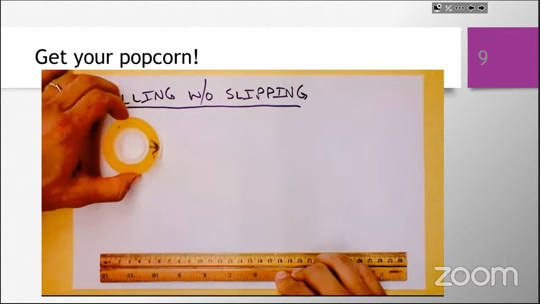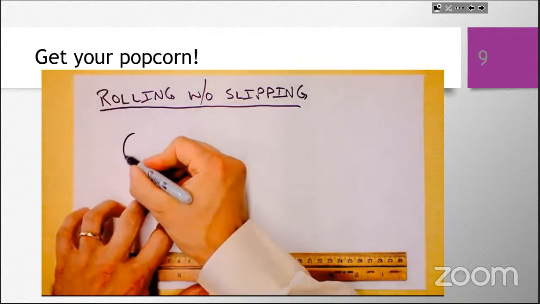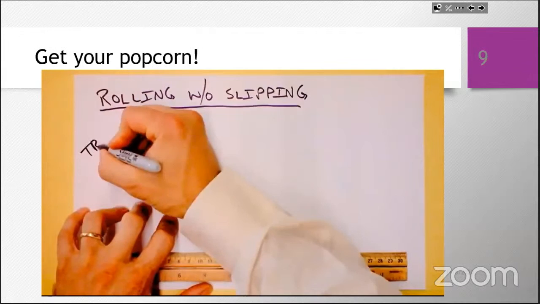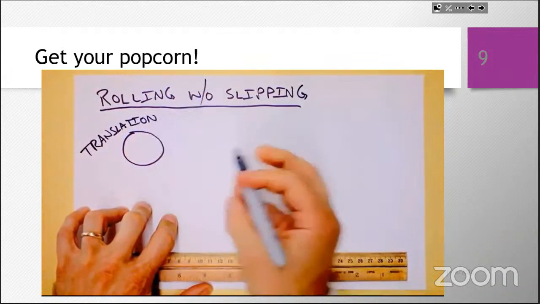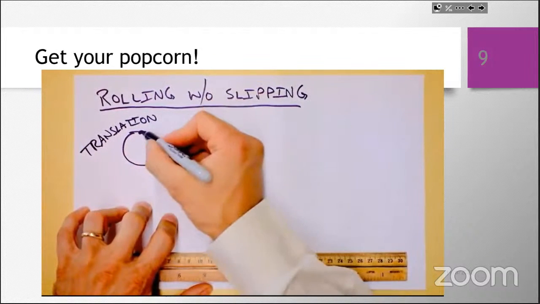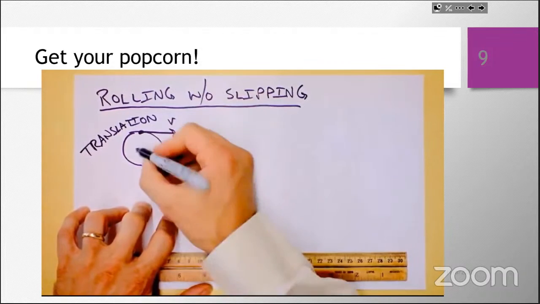I could draw both of those and draw you some velocity vectors. So there's translation, and translation looks like this. The top of the wheel or tape or whatever is moving at some velocity.